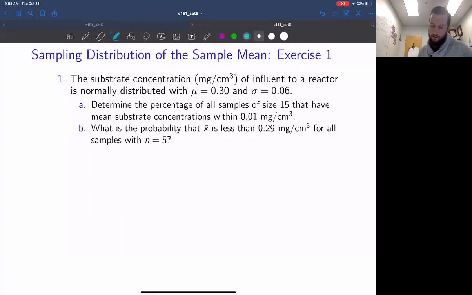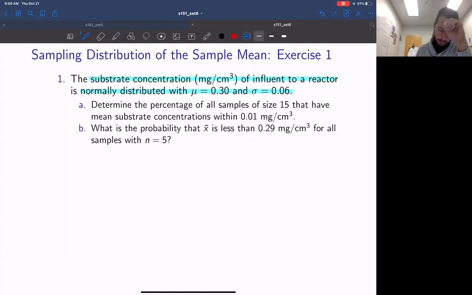For example, let's consider our substrate concentration of influent to a reactor. We know that this is normally distributed with mu 0.3 and sigma 0.06. So in this exercise, we are working with a variable that is normally distributed.